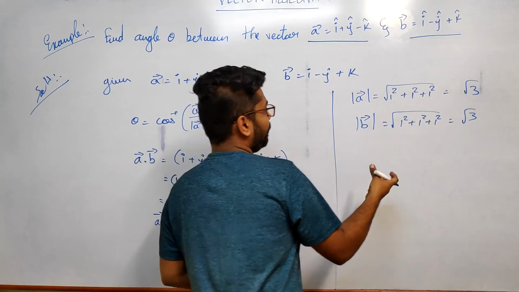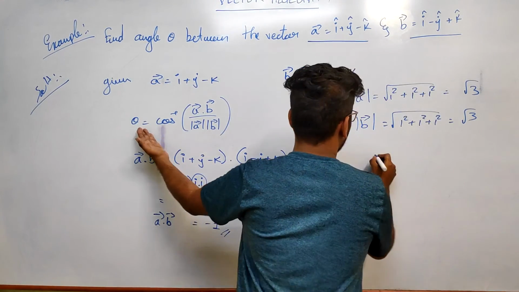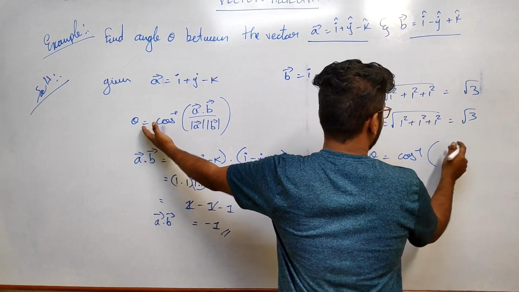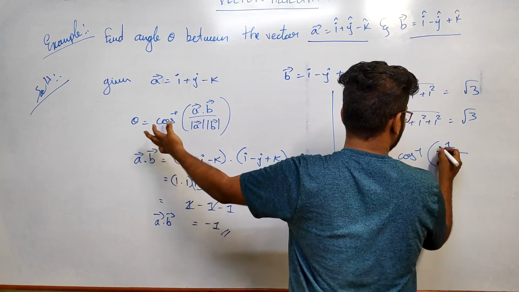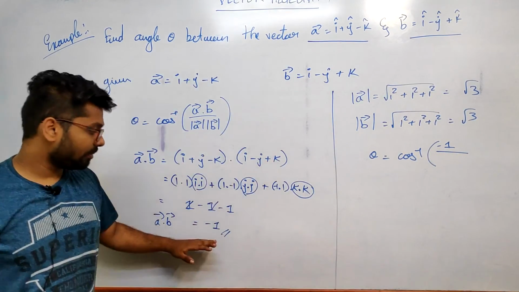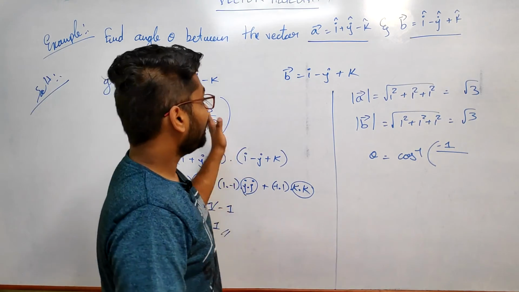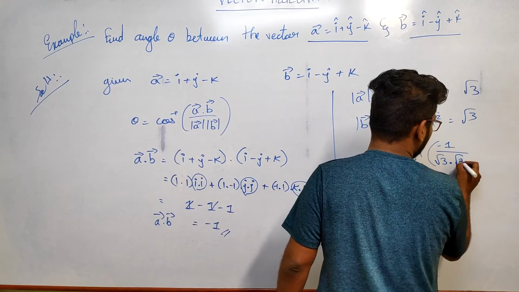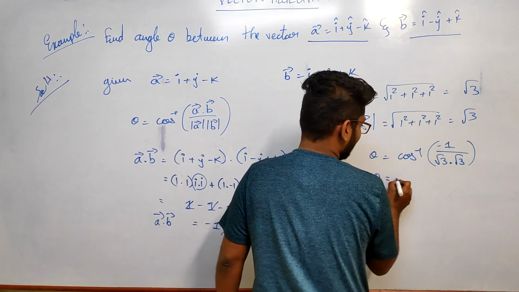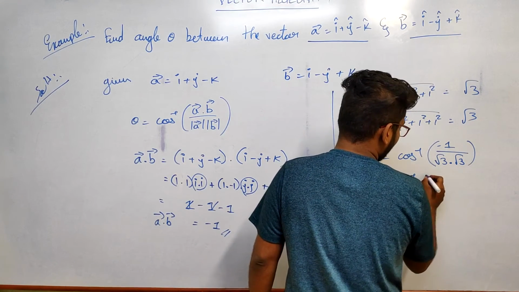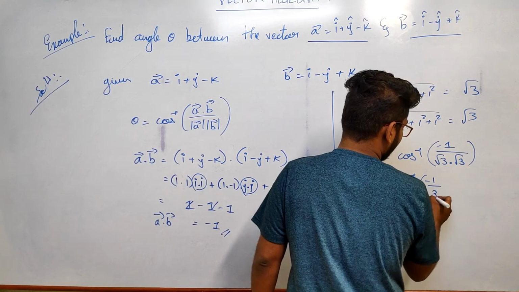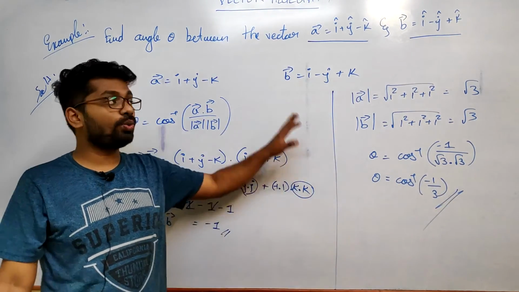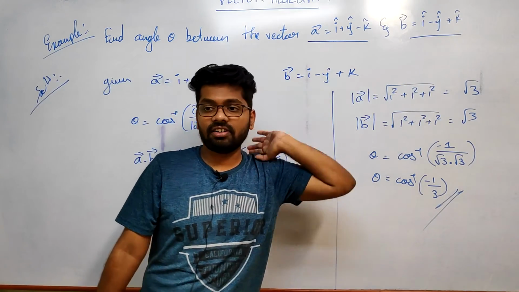Now just put it all together in this equation, that is theta is equal to cos inverse of, what is a bar dot b bar? Minus 1, right? A bar dot b bar we have got as minus 1, and the two moduli, what we have got? Root 3 into root 3, which basically means theta is equal to cos inverse of minus 1 by 3. So this is your angle between the two vectors a bar and b bar.